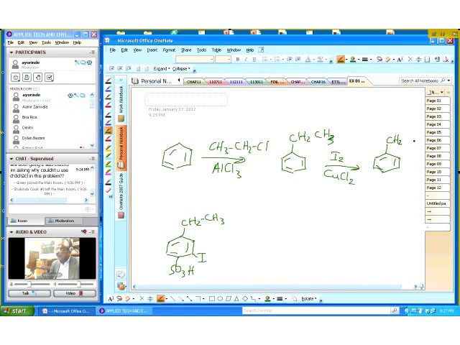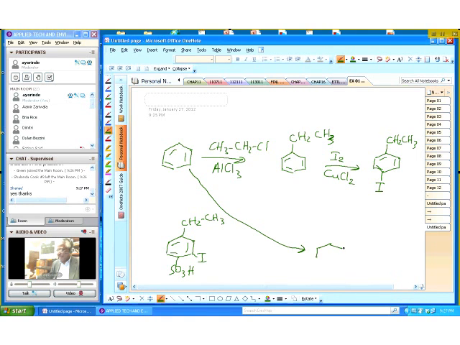And that is not what you want. Keep in mind what we want is to have the iodine here, and then later on to have the sulfonic acid group in the para position. Do you follow that? So that is why we cannot use this process. That is why we went to this route. We make this one first. We did the acylation first.